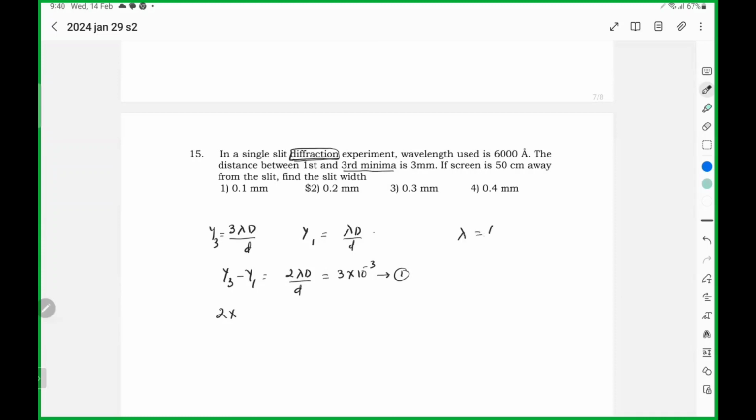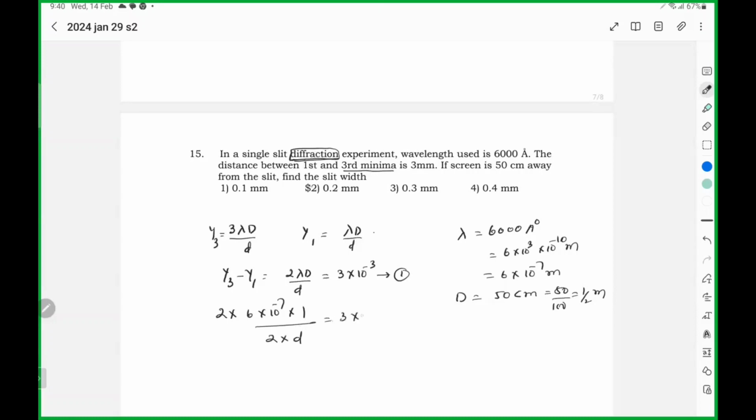Lambda is 6,000 angstrom units. 1 angstrom unit is 10 power minus 10 meters, that is 6 into 10 power minus 7 meters. Capital D, distance between slit and screen, in centimeters, 50 by 100, half meter. Lambda is 6 into 10 power minus 7, half. Here, only slit width we have to find out, 3 into 10 power minus 3.